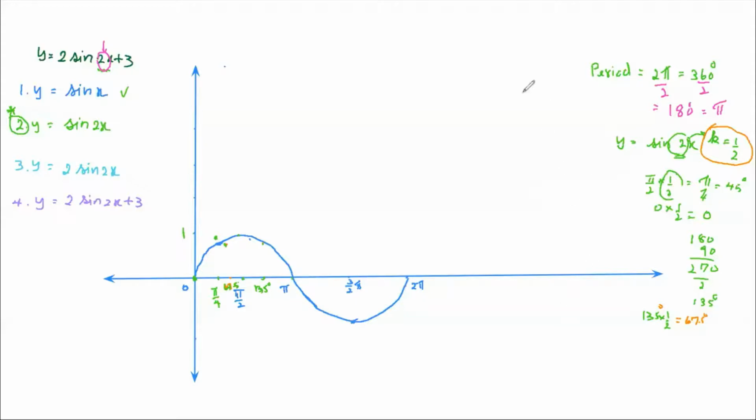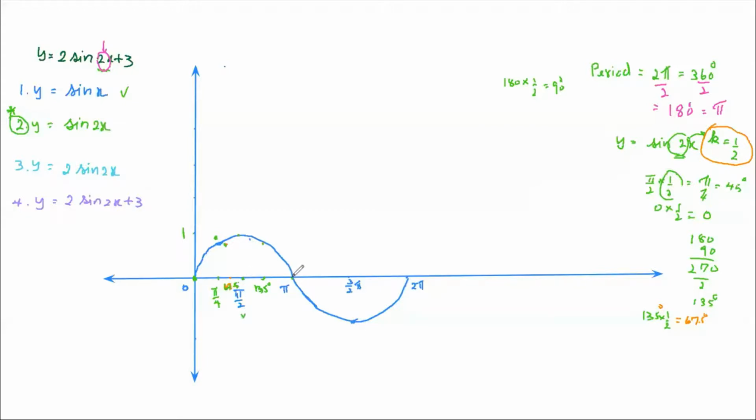You use 180 times 1/2 times k, equal to 90 degree, right? Or pi over 2. So that means pi, 180, moves to this point, pi over 2 here.